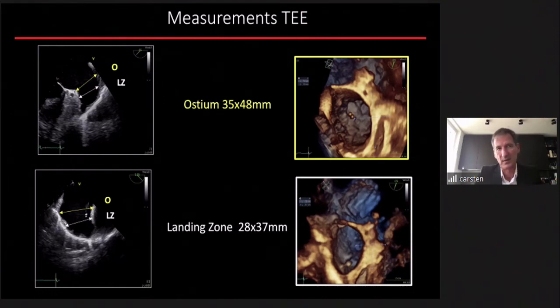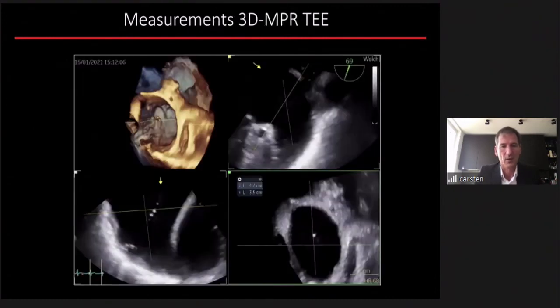Here, these measurements are a little bit smaller than the ones in the CT, which has been described. We measure the LA pressure, which should be larger than 10 once we are in the LA. Otherwise, we give fluids, 500 or 1000 milliliter, to adjust LA pressure for the measurements. The new imaging modality is 3D multiplane reconstruction TEE, where you really can go through the LAA in different planes to measure your landing zone and your ostium.